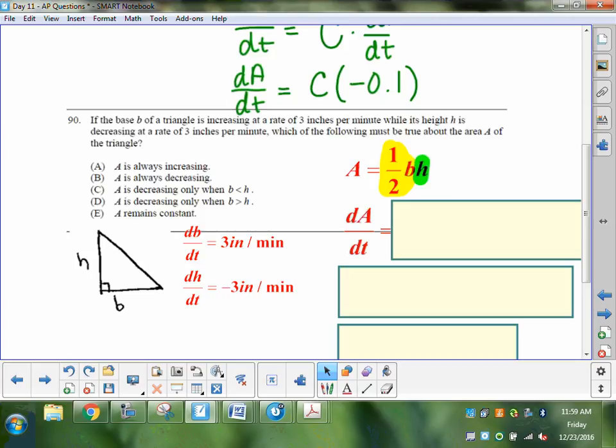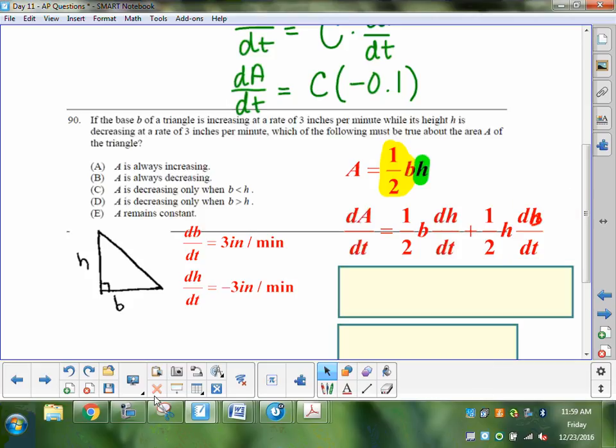Product rule. So, what did you say? Little bit, just a little bit. So now, what are you going to go through and write out? 1/2 B dH dt. So, yeah, or H times 1/2 of this, which would be 1/2 what?